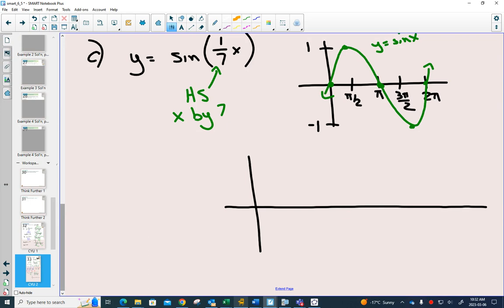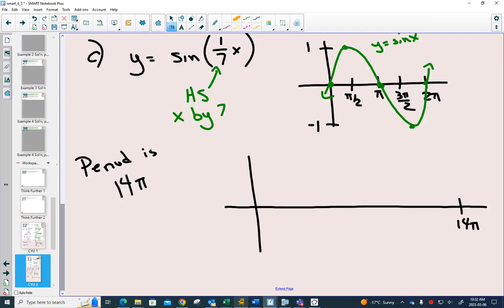If you multiplied your x values by 7, does it make sense that your 2π value will now become 14π? That your period, which was 2π, is now 14π.